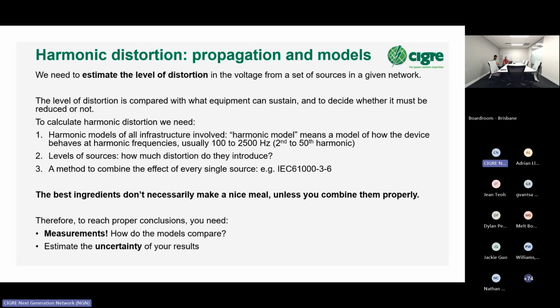So models are an approximation. The combination of models in a grid model is a much bigger approximation. And also the combination of the effect of every single source is an even bigger approximation. So we can't escape from that. So the correct thing is not to aim for perfection, but with whatever you can achieve, estimate the uncertainty of what you have and see if it is fit for purpose.